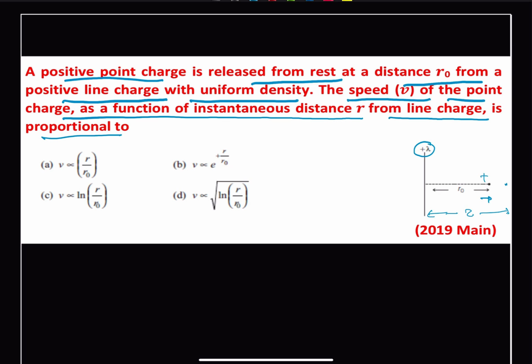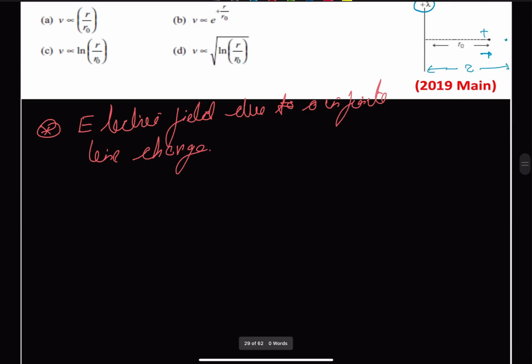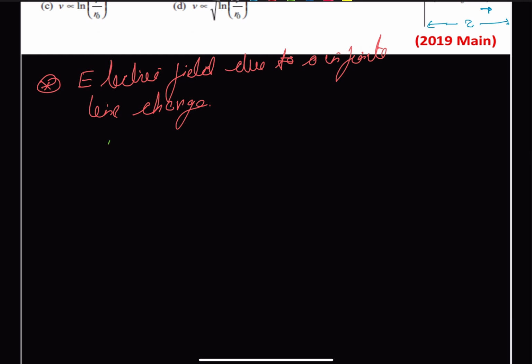So the electric field due to an infinite line charge, as a function of distance r, will be equal to lambda upon 2 pi epsilon naught r.